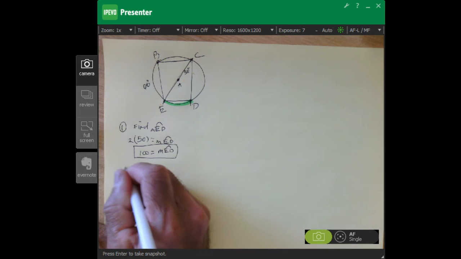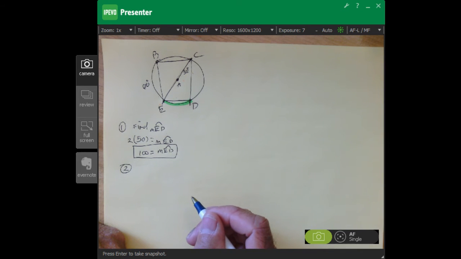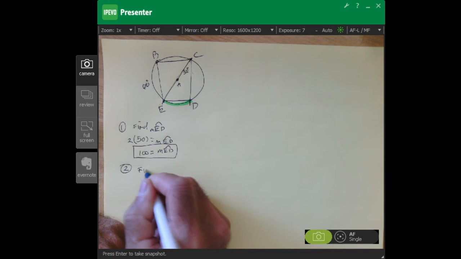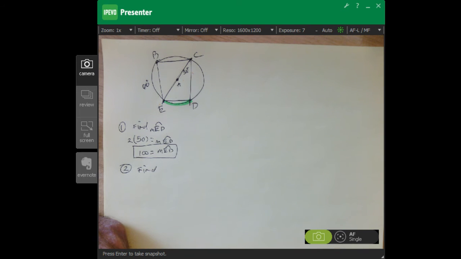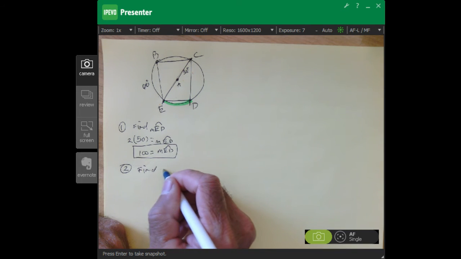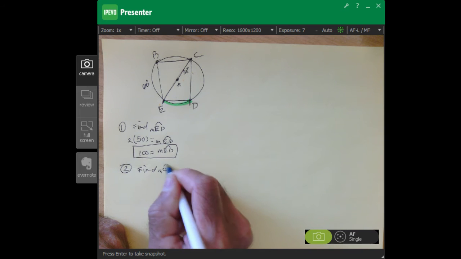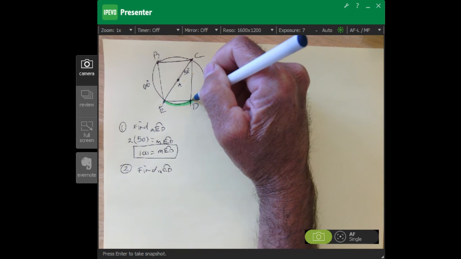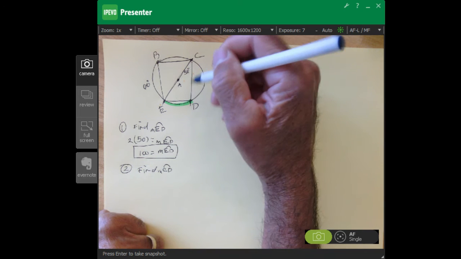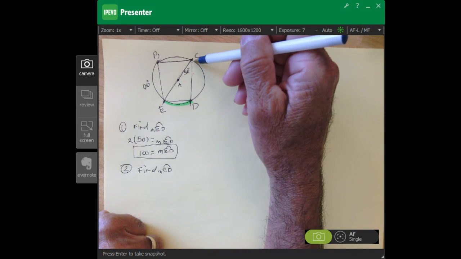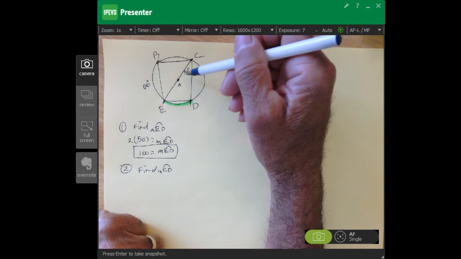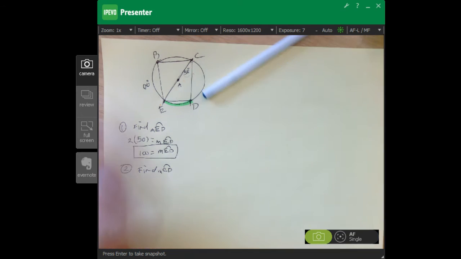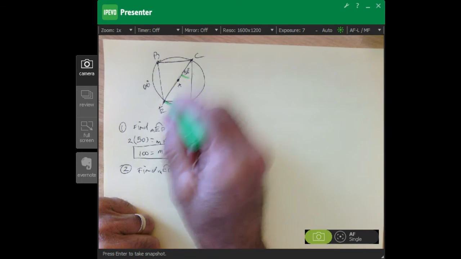Where it becomes more difficult is if we ask something else, like for instance, one of the questions was find the measure of arc CD. Now CD goes from here to here. And if we try to use the same exact theorem, we see this number right here, but this angle goes with that arc.